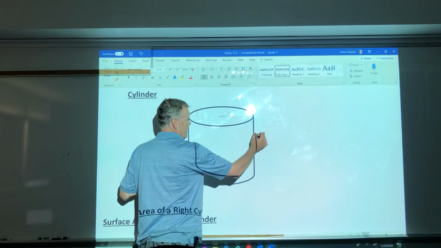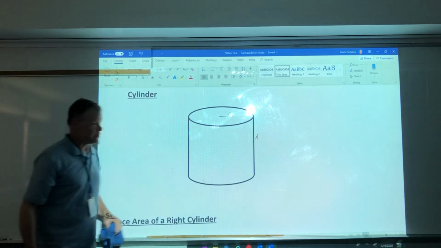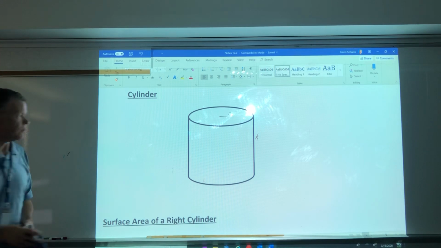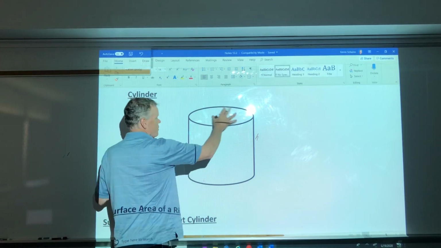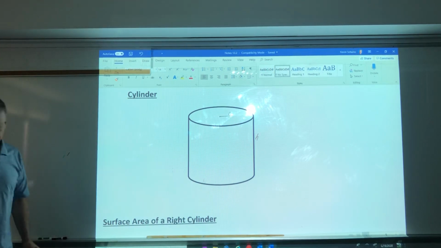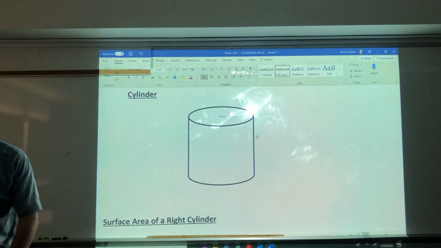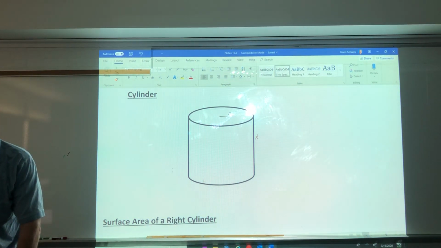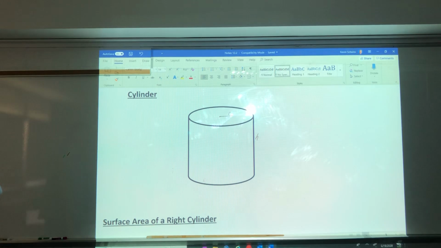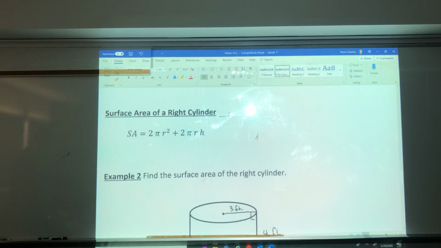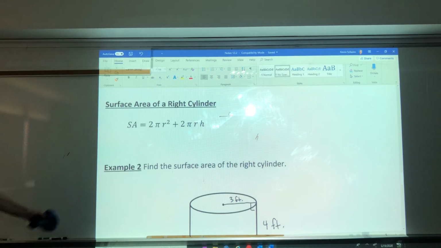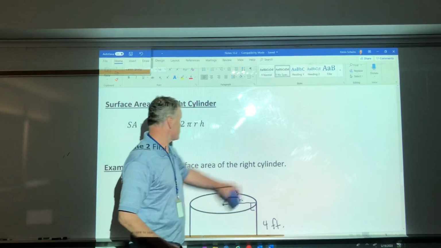This is going to be our height right here, that's going to be our h. And we're going to eventually find the area of that circle, because that's going to be like our base.